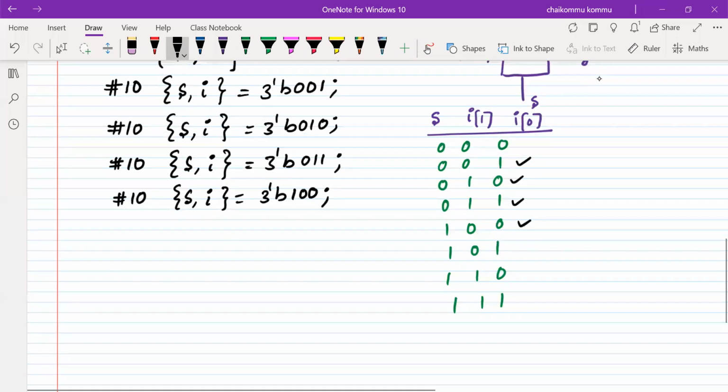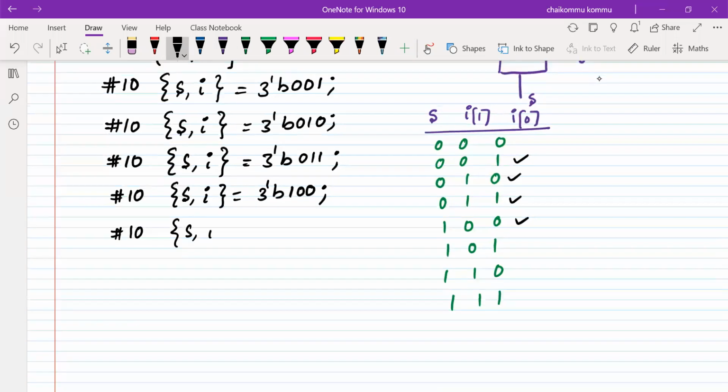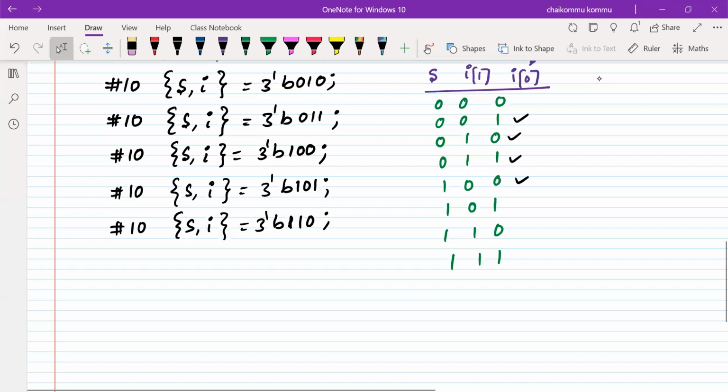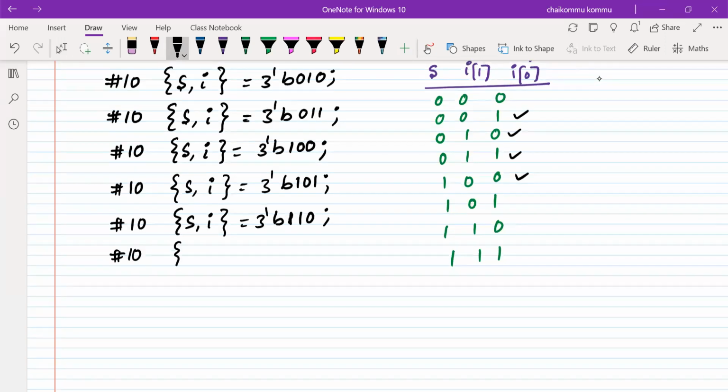After 10 nanoseconds, S comma I is 3-bit 1, 0, 1. Another 10 nanoseconds, S comma I 3-bit 1, 1, 0, and then 1, 1, 1 till the last. Another 10, so the entire table is covered.